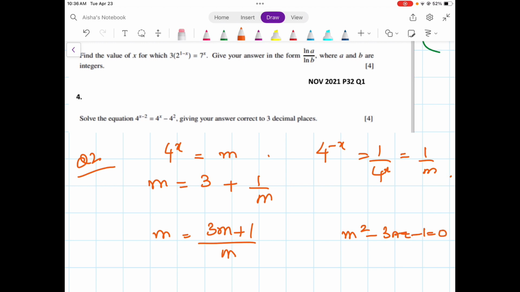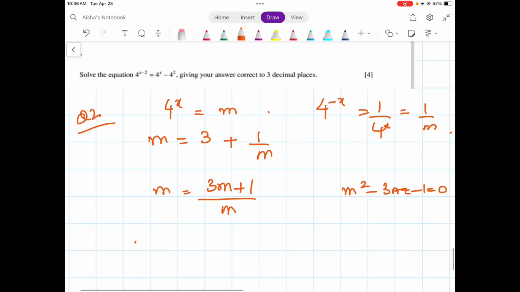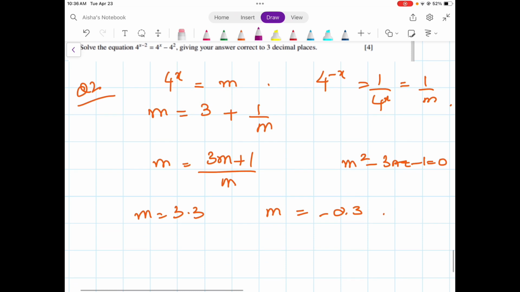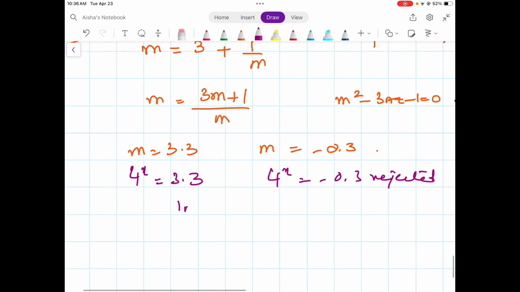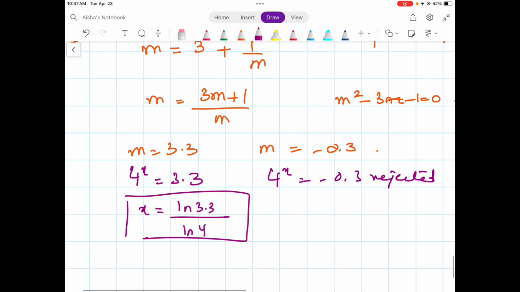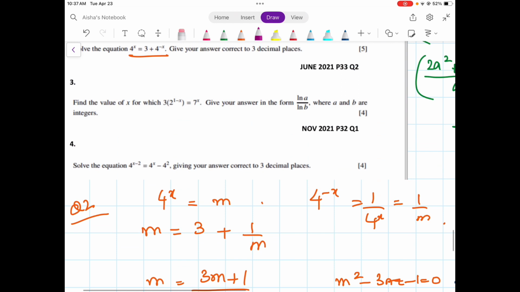Solving it gives you m equal to 3.3 and m equal to minus 0.3. What is actually m? 4 power x. Obviously this will be rejected because a negative value's log cannot be calculated. You can find out the value yourself using the calculator.